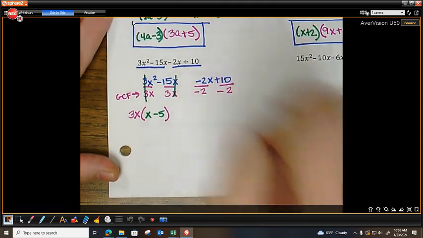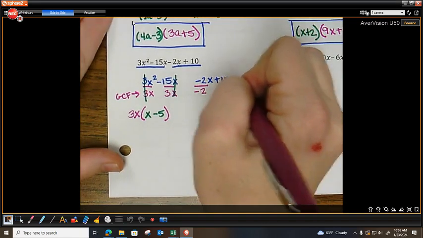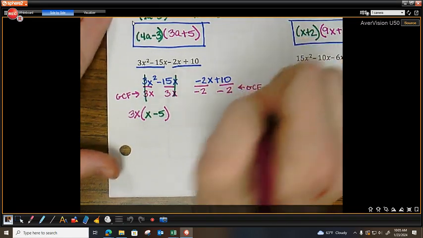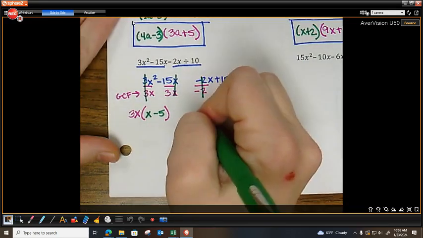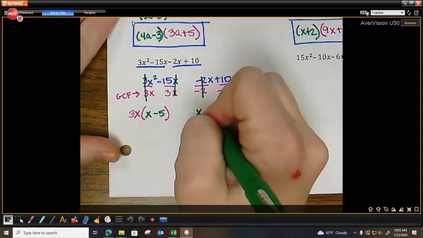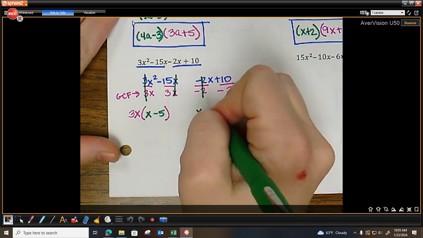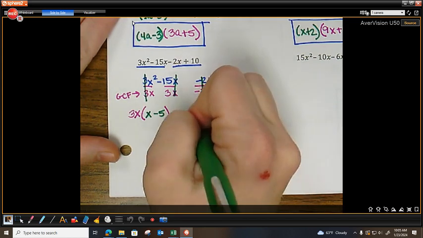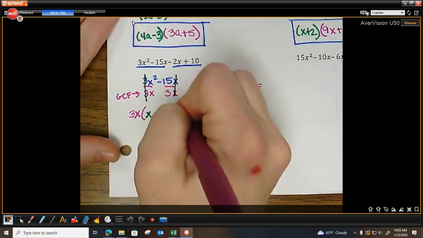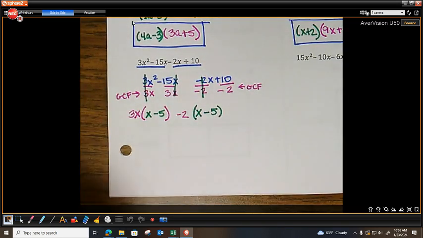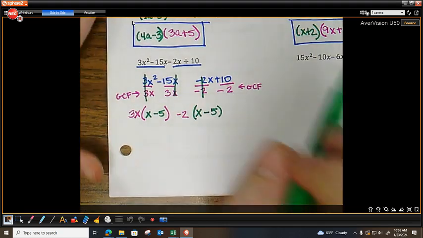Do they both have an x? No. So negative 2 is my GCF. When I divide out a negative 2, what am I left with? Minus 5, right? Put it in parentheses and our GCF goes in front. What do I notice?